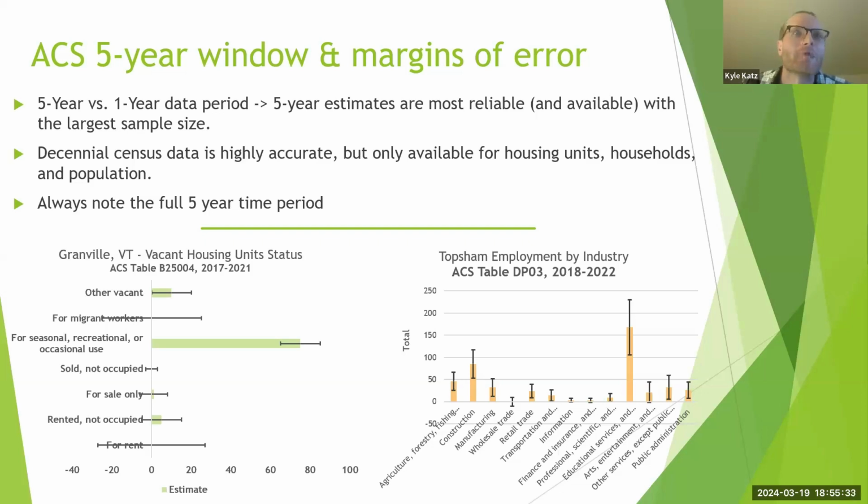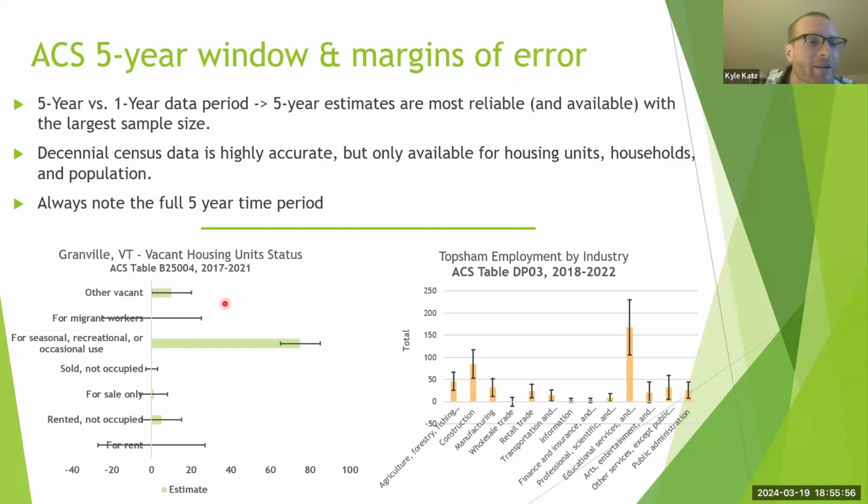It's really when you get into the very fine-grained types, and I've provided two examples here on the screen. On the left, we've got Granville vacant housing unit status, from 2017 to 2021, and you can see the name of the table there.